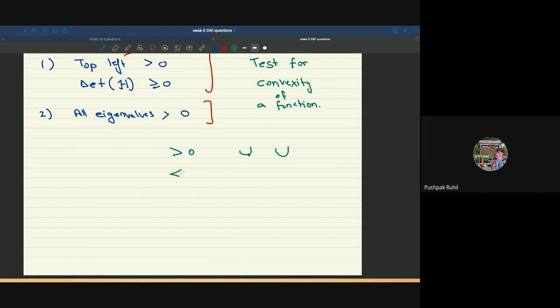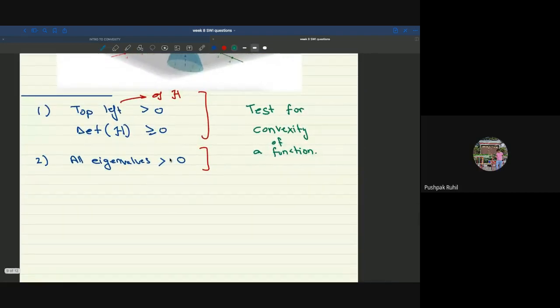And if the second derivative is less than 0, you get a maximum point, which would be a concave function. Okay, sir. So both methods involve calculation of the Hessian matrix. Yes, so even here, all eigenvalues of your Hessian matrix.